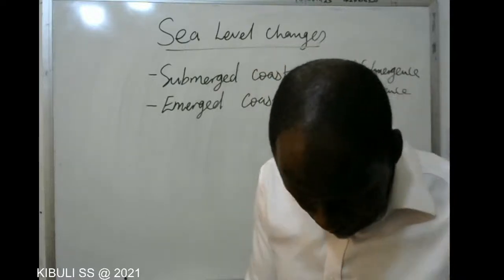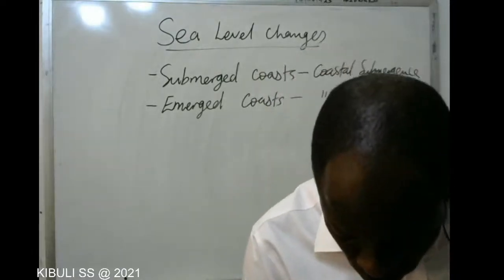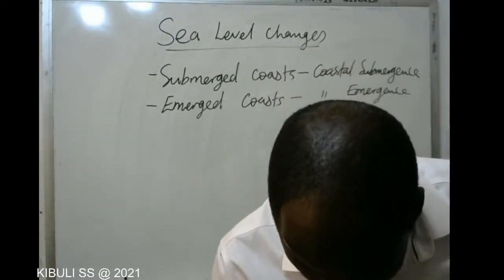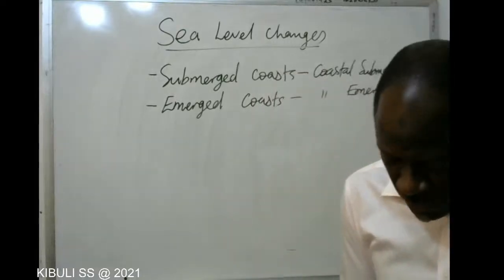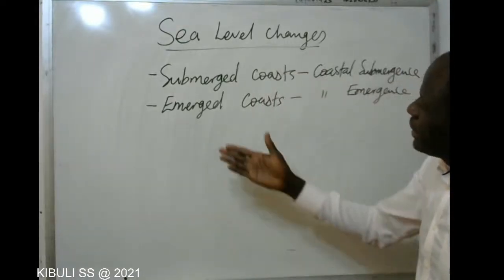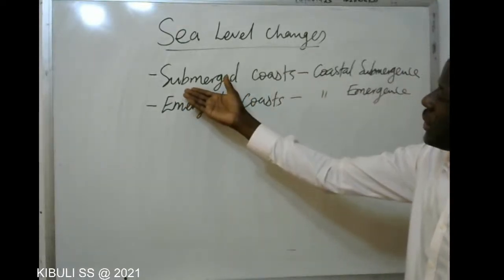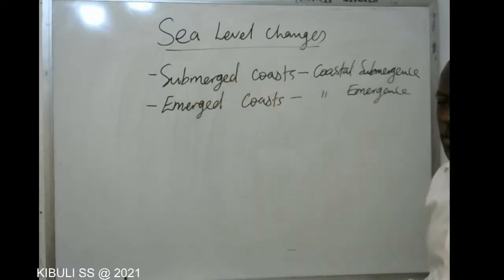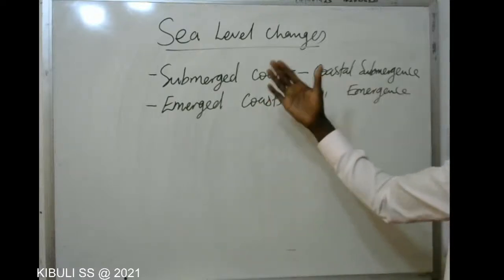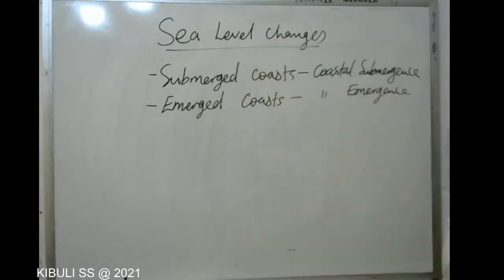But very briefly, without going into many details, what characterizes each of these two types of coasts that are created as a result of sea level changes?